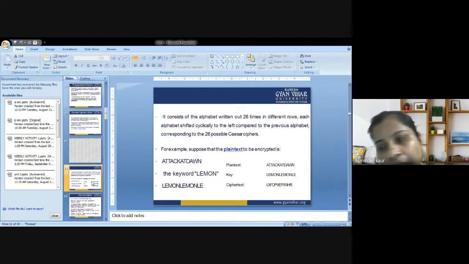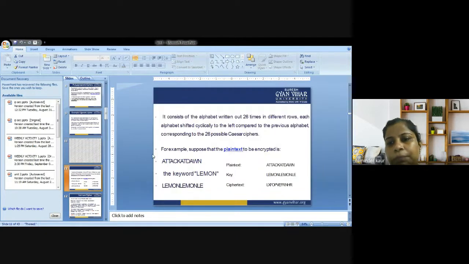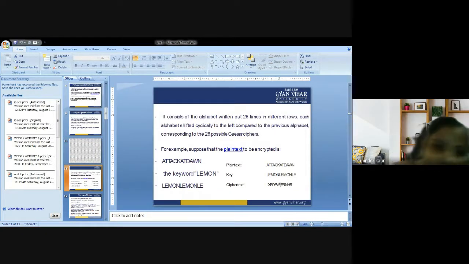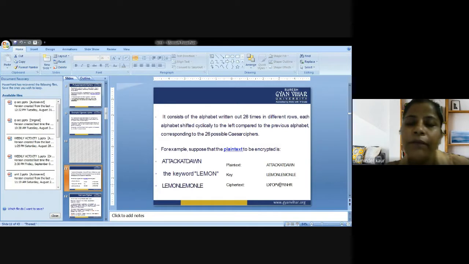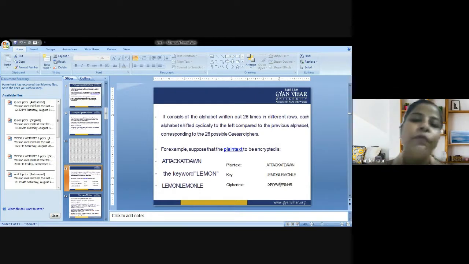And last is N and E. It is R. At the junction we are getting R here. So in the same manner, we have converted the plain text into the ciphertext by using the key. So this was the procedure. We are supposed to draw this table first.